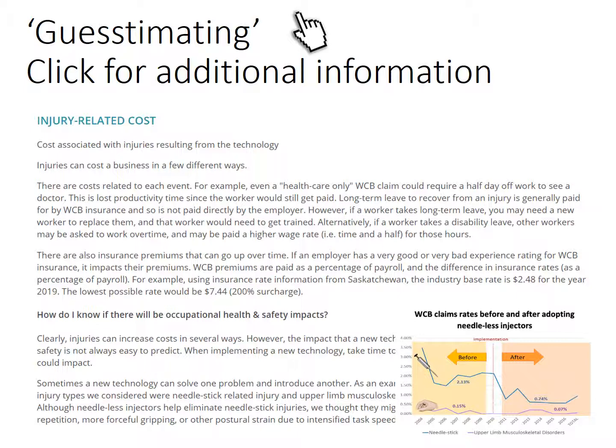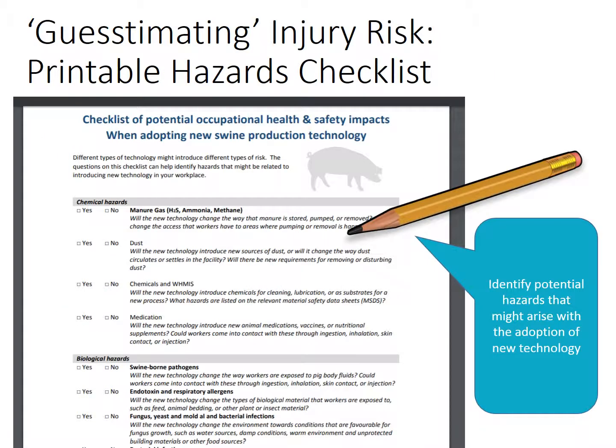Most times, what the new technology can cause in terms of health and safety impact on the workers is not usually known. But with a printable hazard checklist, we can analyze the likely hazards that a new technology may introduce, or how it can impact the health and safety of the workers.